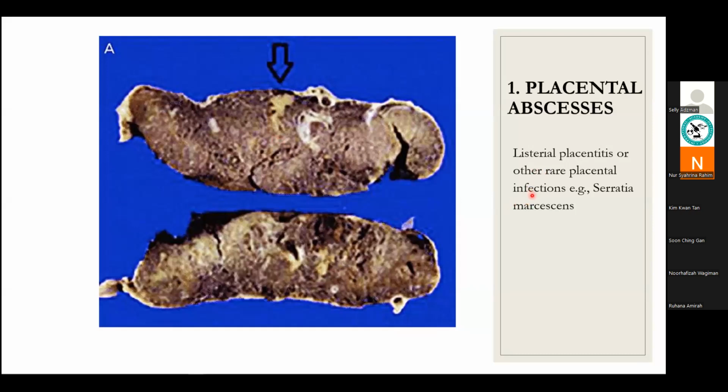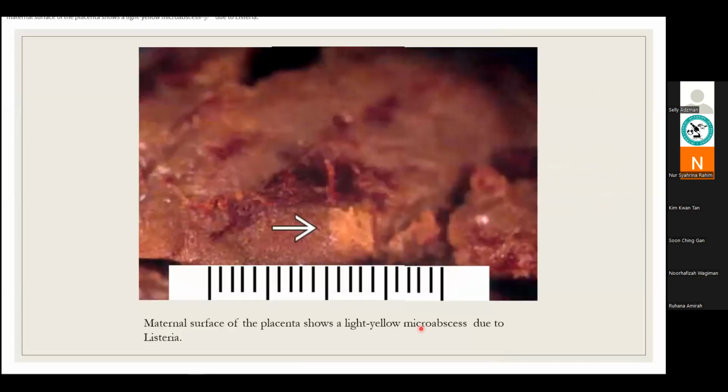Some other reported cases also mention rare Serratia marcescens. So this is the placental abscess. I will show you another picture. This is the area of interest, and the background is already blurred.